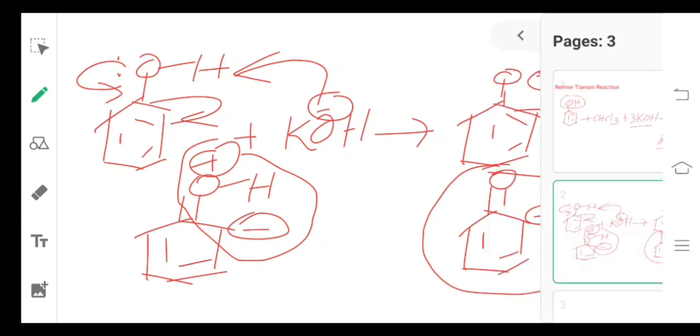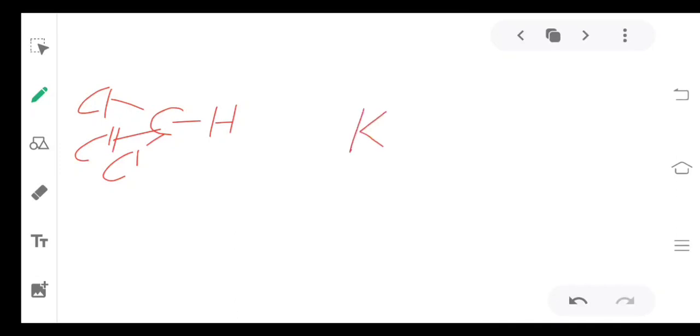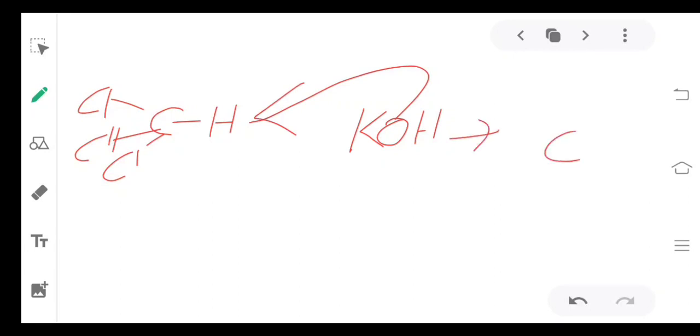The second step of this reaction is formation of carbene. As you know, there is an acidic proton on chloroform. The second mole of base will abstract that acidic proton and it will form a minus charge on the carbon atom.